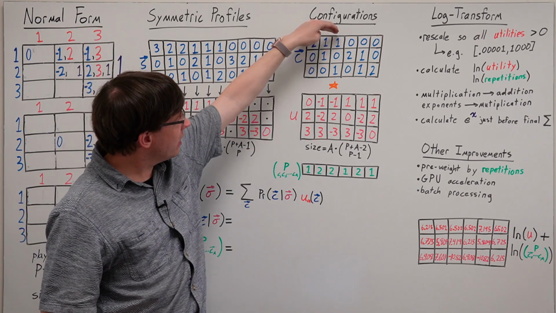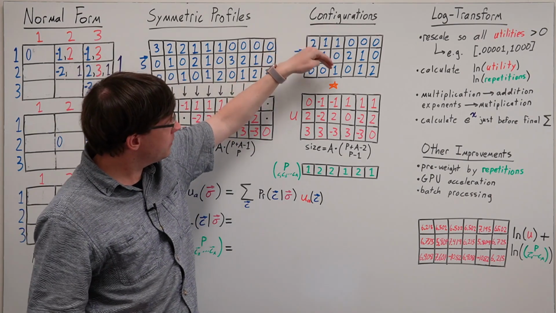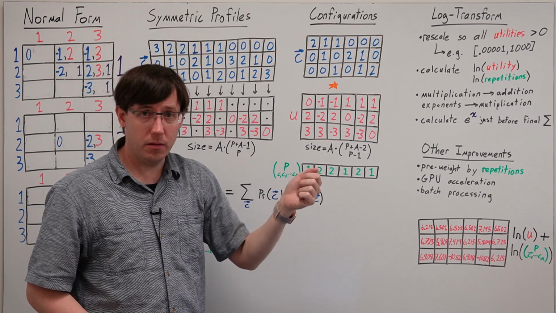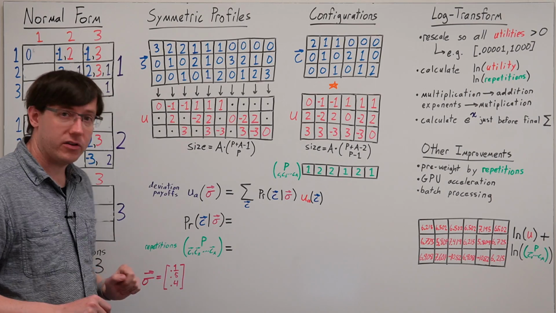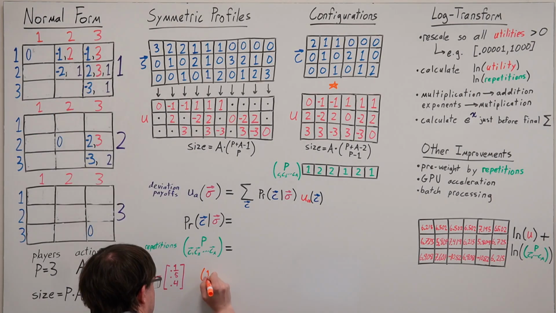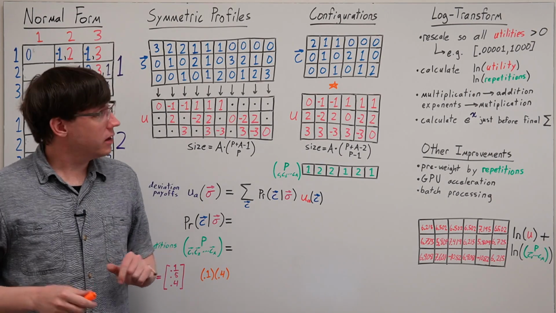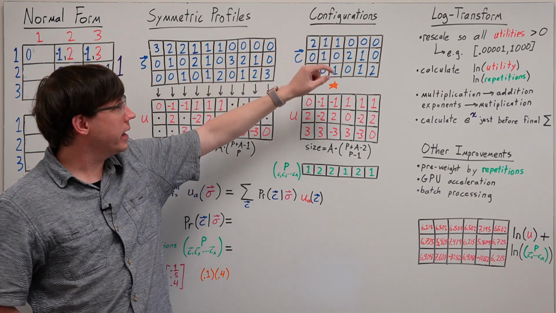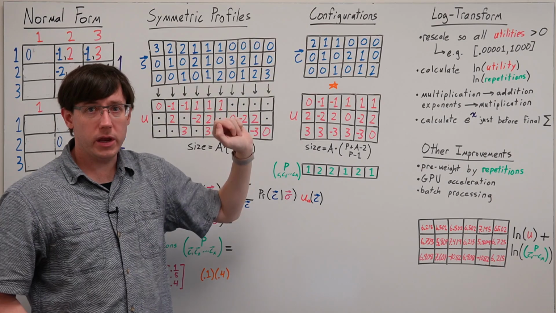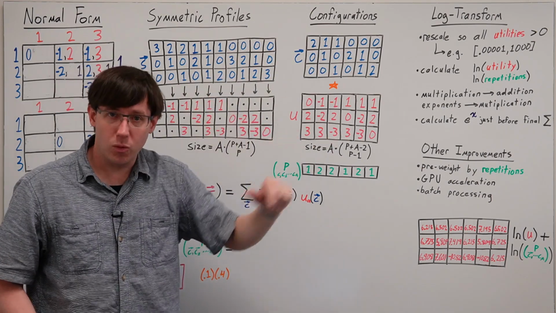This configuration has one player using action 1 and one player using action 3. So we can multiply out the probabilities for action 1 being chosen and action 3 being chosen. But we also need to consider that the two opponents could be playing action 1, action 3, or action 3, action 1.